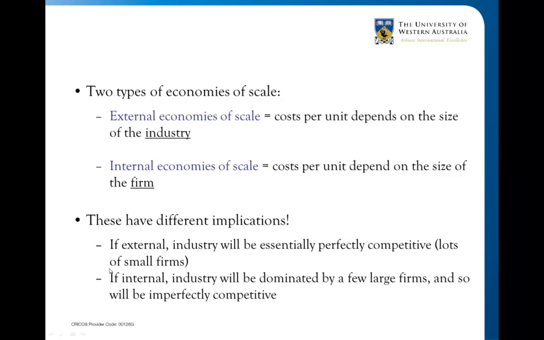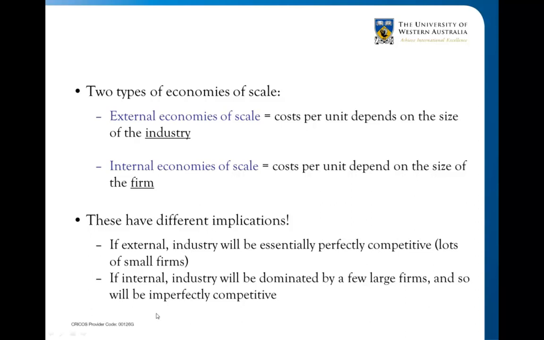So if it's external economies of scale, then the industry essentially is going to be quite close to being perfectly competitive. What we're going to have is lots and lots of firms, and often, as we're going to see, clustered in one geographical area. They don't have to be, but it's a common thing that we see.